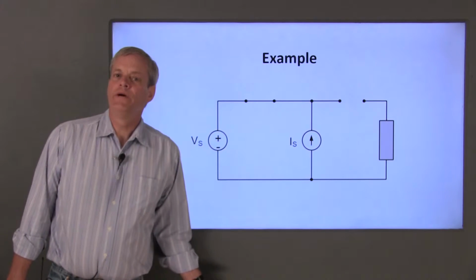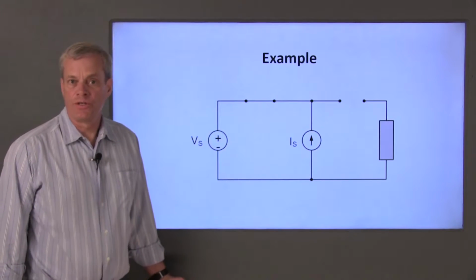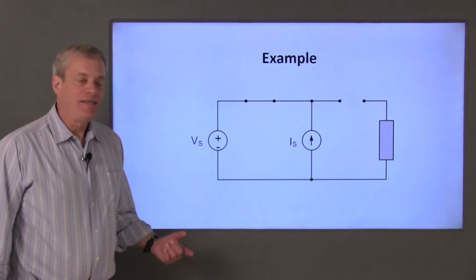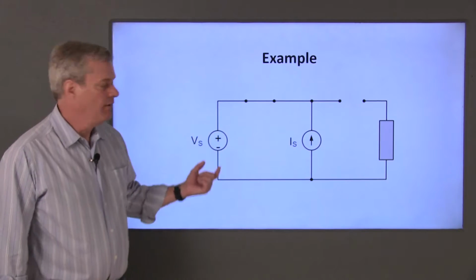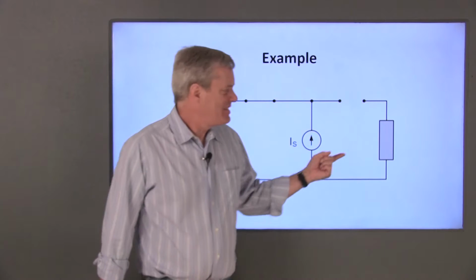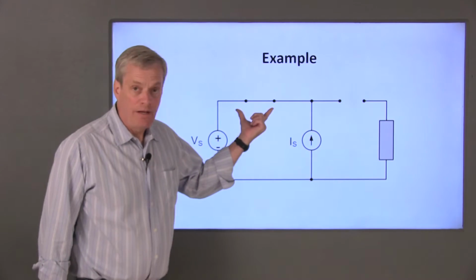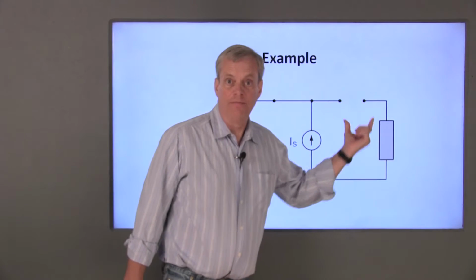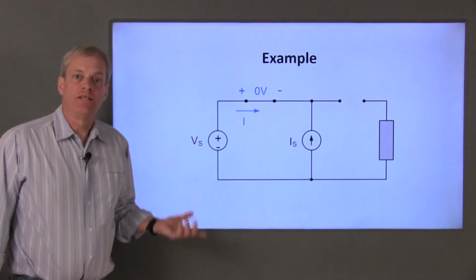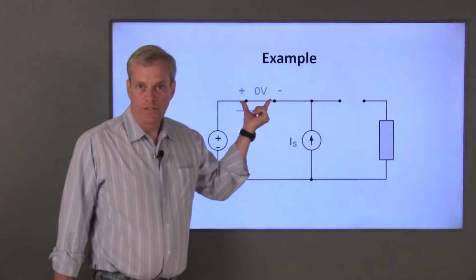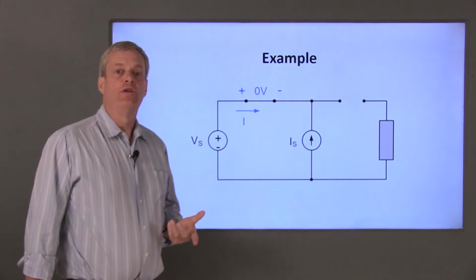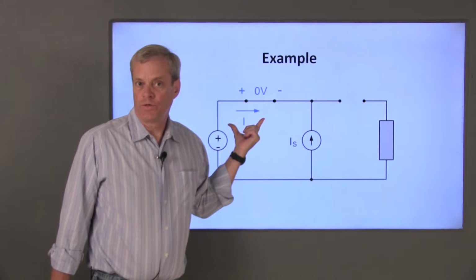Now let's take a look at a quick example of open and short circuits in an overall system. My example has a voltage source here, a current source here, and some arbitrary passive element over here. There's a short circuit here and an open circuit here. When analyzing this system, we know that the voltage across the short circuit is 0, but we know nothing about the current through the short circuit.